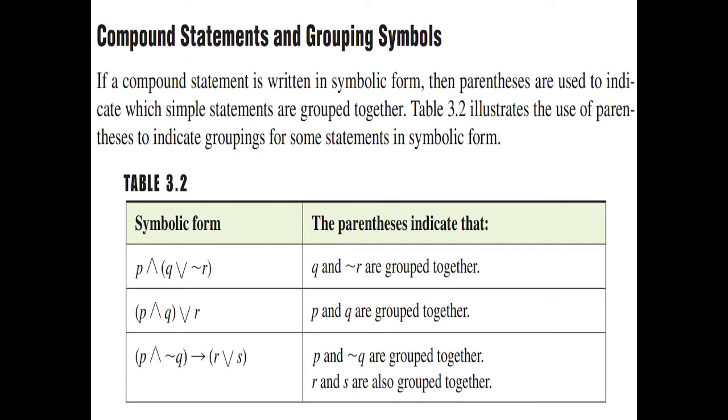So I have here, okay, it's very important, aning grouping symbol. If a compound statement is written in symbolic form, the parentheses are used to indicate the simple statements are grouped together, like as what you have seen in table 3.2. So as you can see in table 3.2, if I'm gonna be focusing on the first example over here, mao ni ang grouping, mao ni ako unahon.